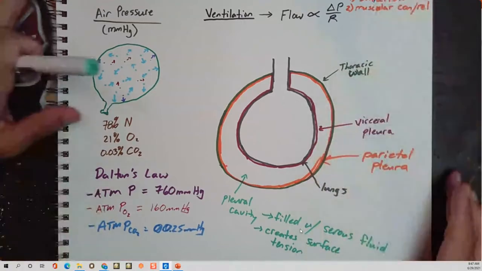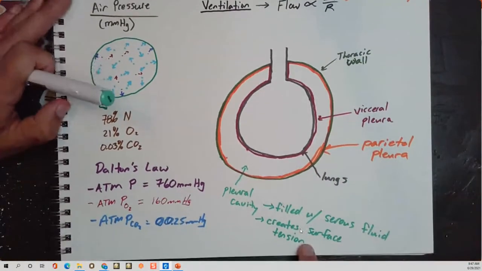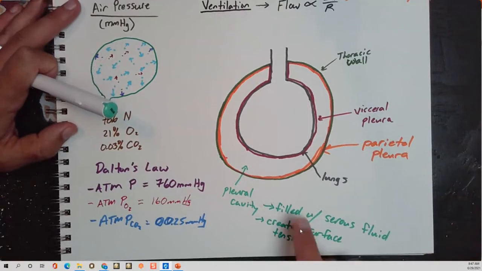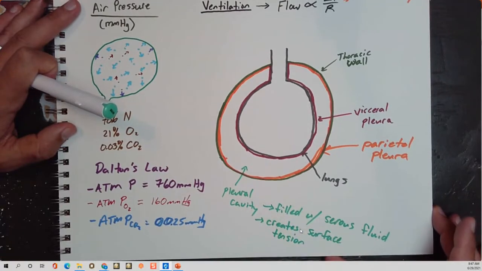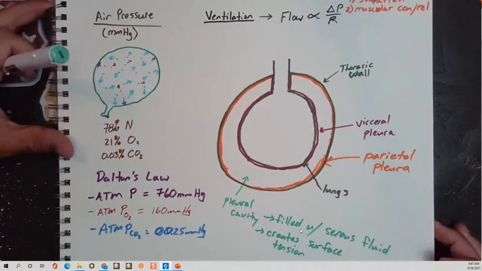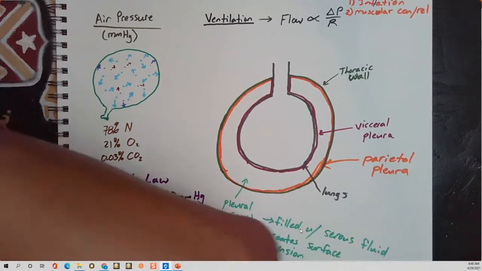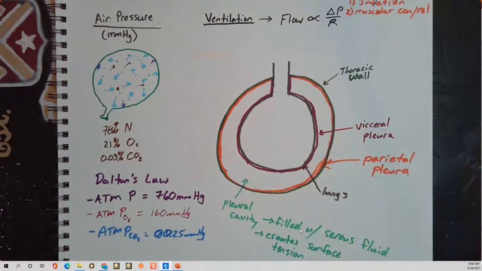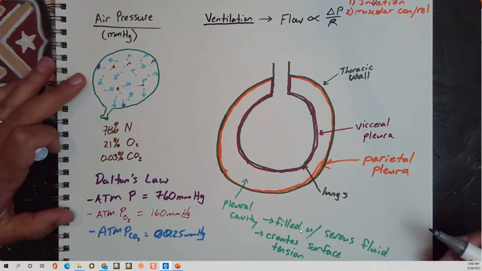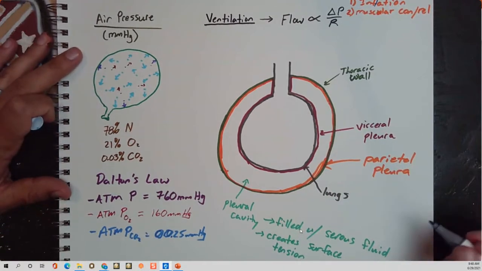So one of the things that helps keep those lungs inflated is the fact that there is surface tension between the lungs and the thoracic wall. But what did we say about those lungs? They are always trying to what?